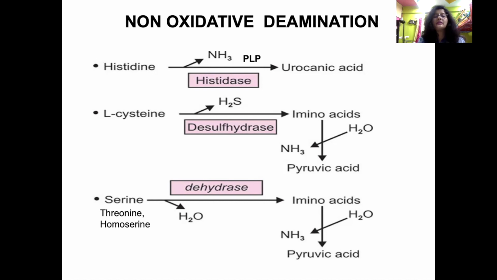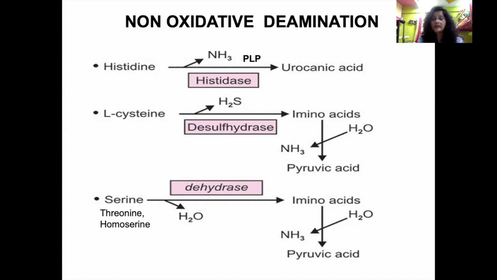So here you can see histidase is an enzyme which causes non-oxidative deamination of histidine, and it converts it into urocanic acid. And this enzyme also needs pyridoxal phosphate for its activity.